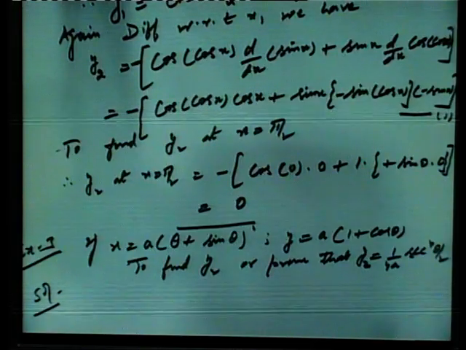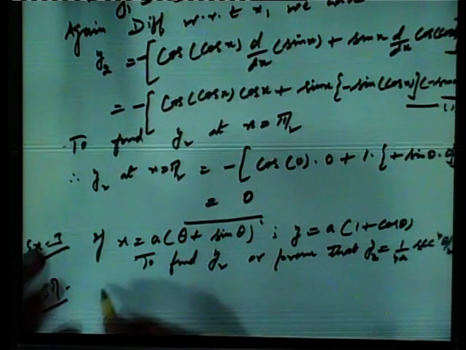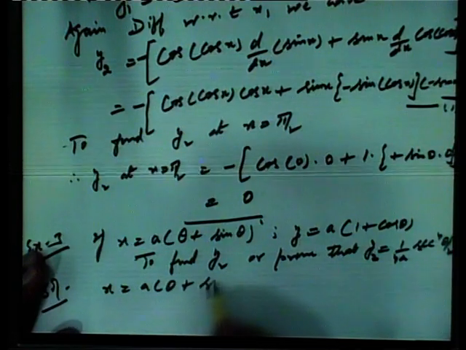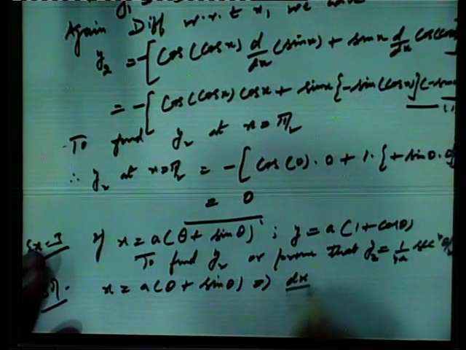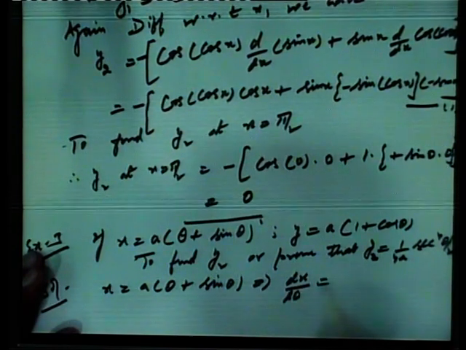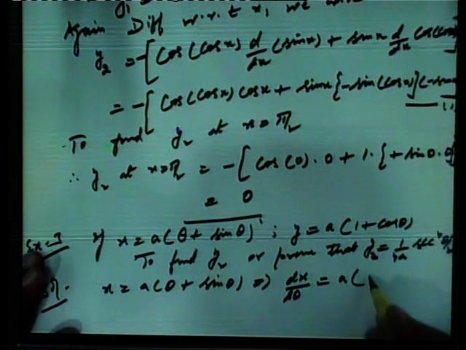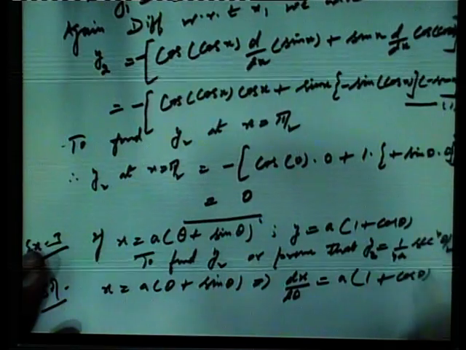You see that the function is in parametric form, that is x is equal to a (theta + sin theta). This means dx by d theta, that is the differentiation with respect to theta: a is constant, the differentiation of theta is 1 and the differentiation of sin theta is cos theta.